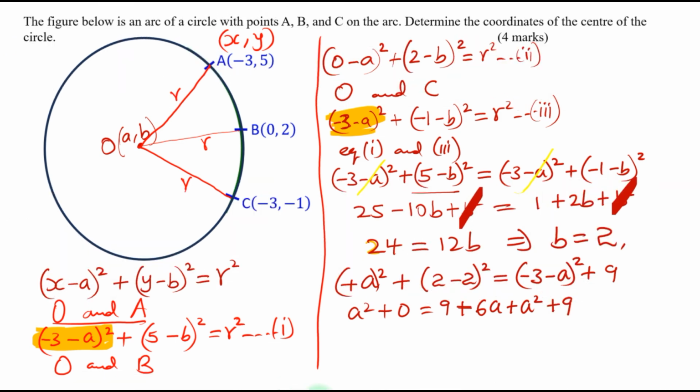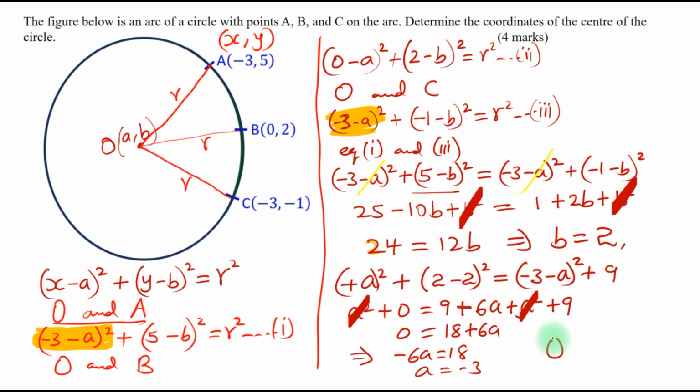In our case, a squared and a squared will cancel out, and therefore we end up having 9 plus 9, which is 18, plus 6a. So this ends up being minus 6a equals 18, and therefore a is equal to minus 3.